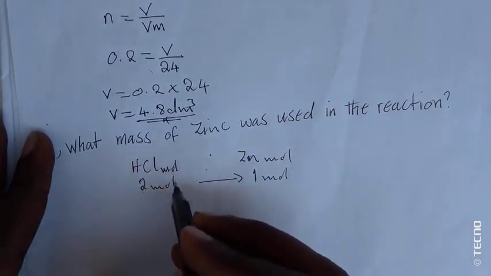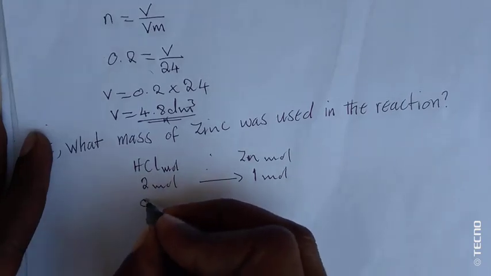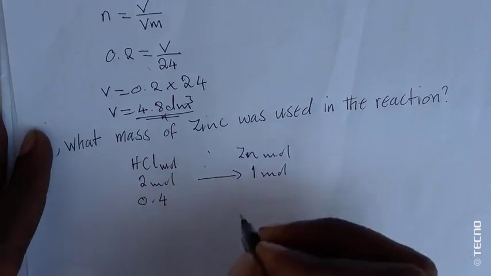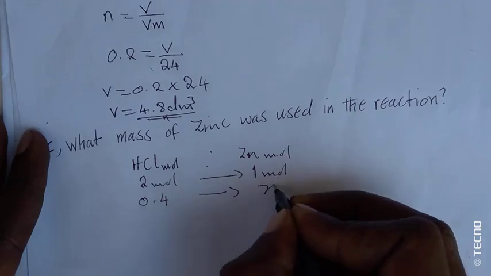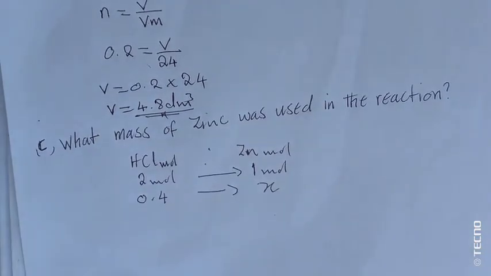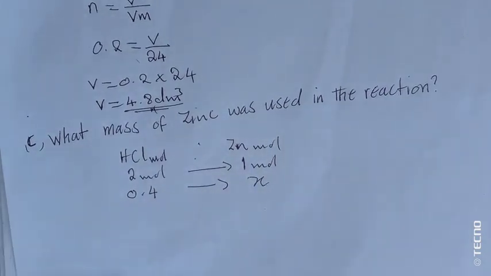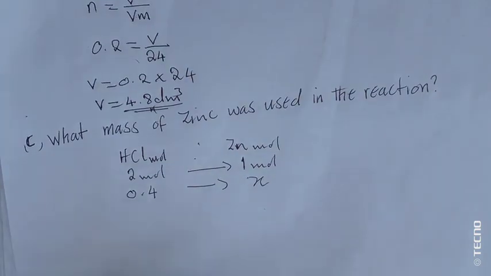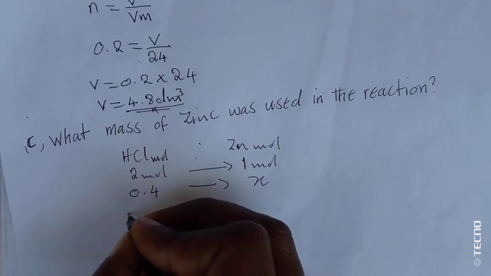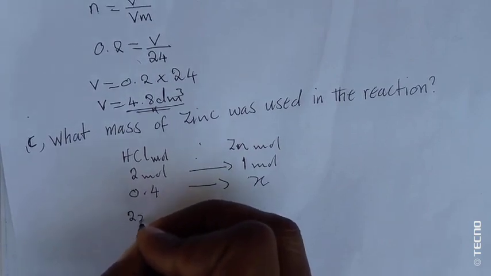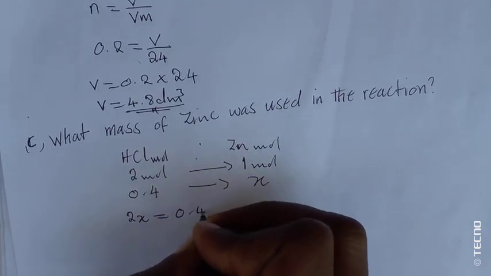Then again we calculated the moles of hydrochloric acid to be 0.4, which is also equivalent to x. So when we do our mathematics here, we have 2x is equal to 0.4.